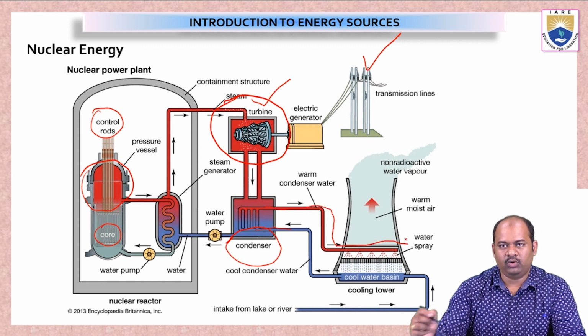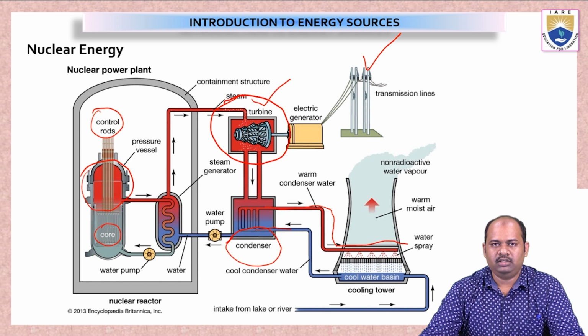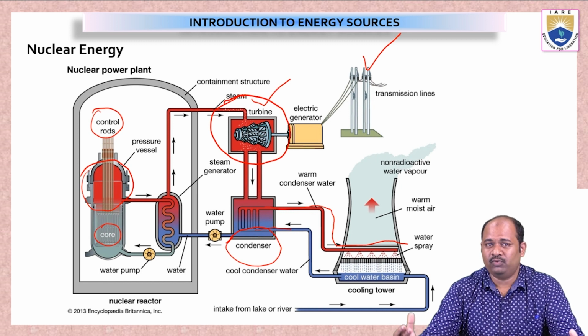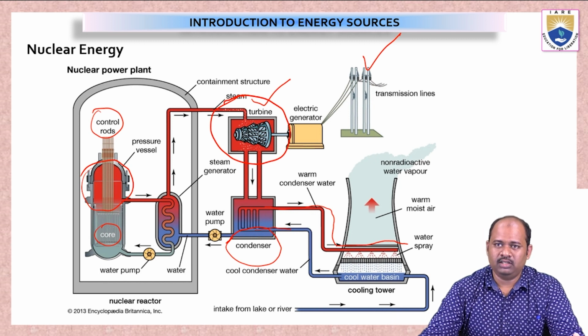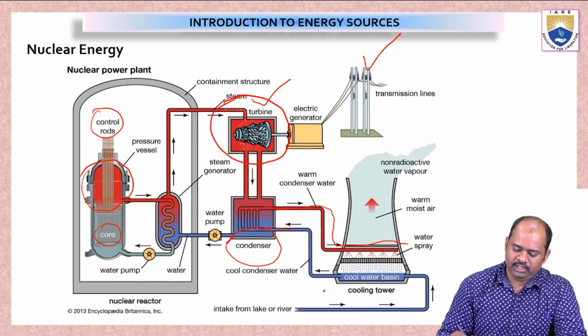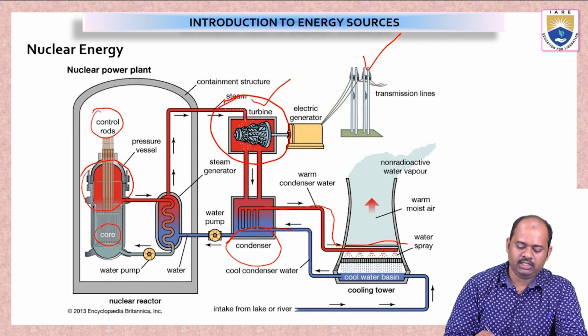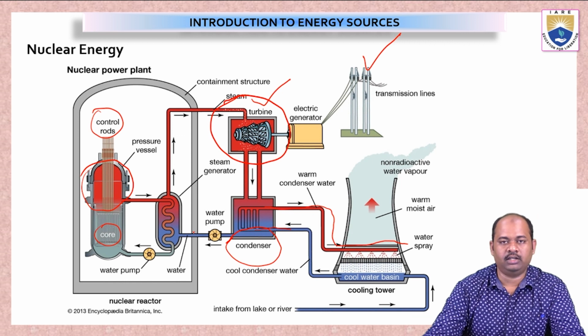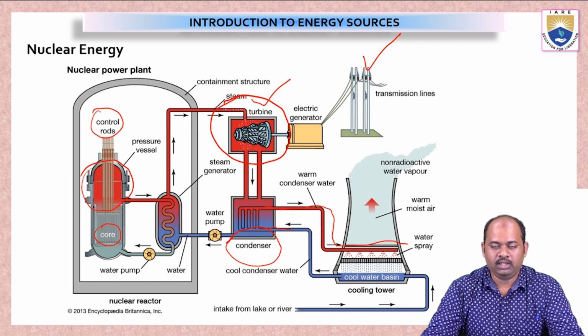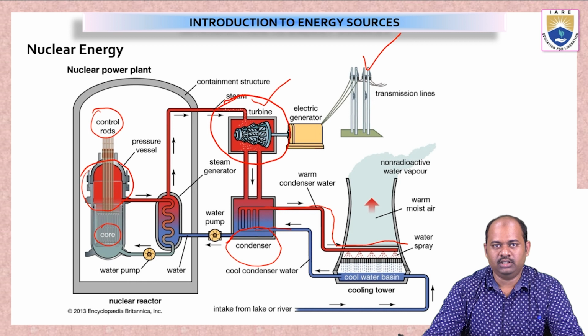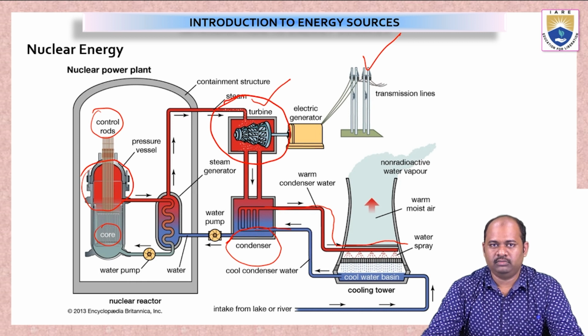In the cooling tower, the temperature of the steam is removed with the help of cold water. Now this cold water is again fed back into the condenser. This condenser again pumps the water back into the nuclear reactor. So the water we are using in this process is reused because water is very scarce.